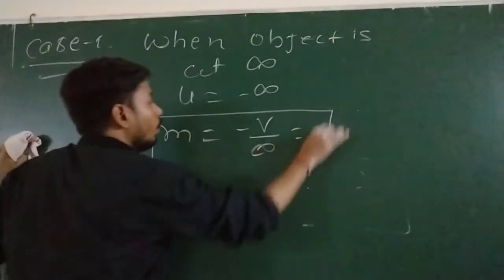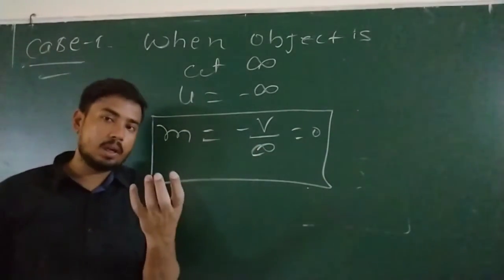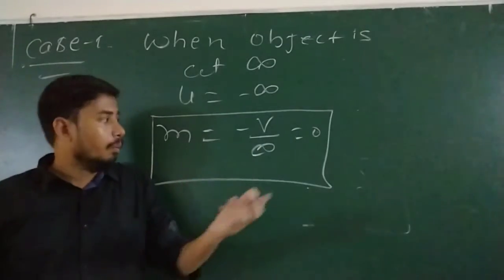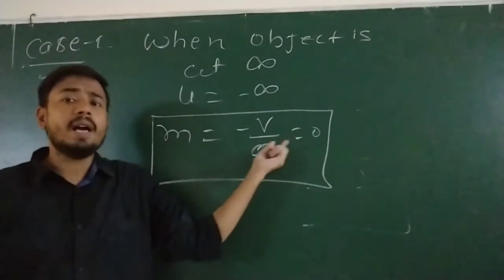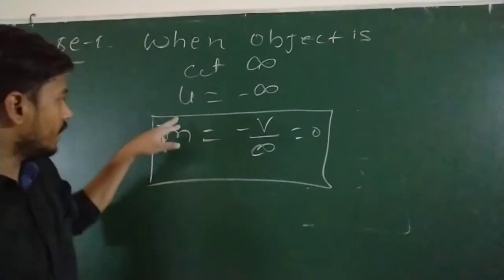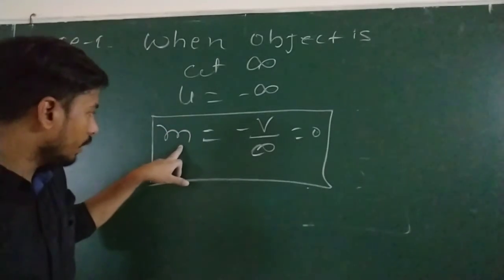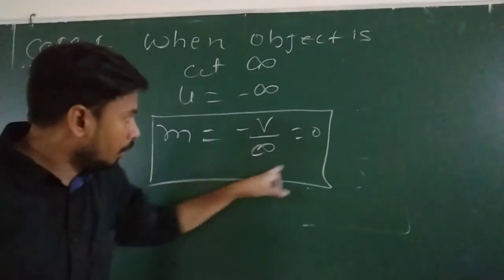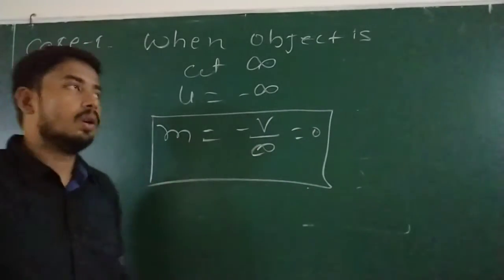Remember the first case. I said that the image will be at focus and highly diminished, because magnification is coming 0. So height of image will be what? 0, because magnification is the ratio of height of image to height of object, so the height of object goes to the other side. 0 into height of object becomes 0.